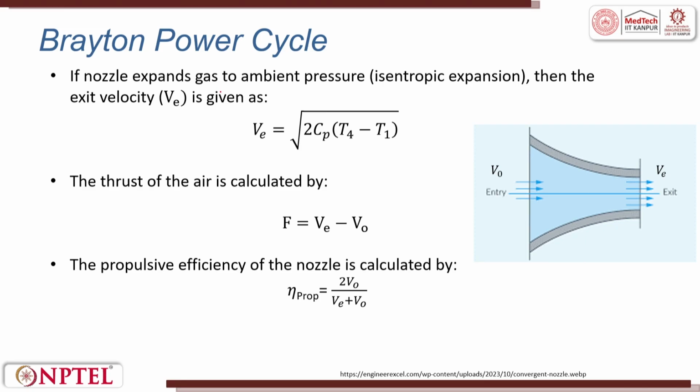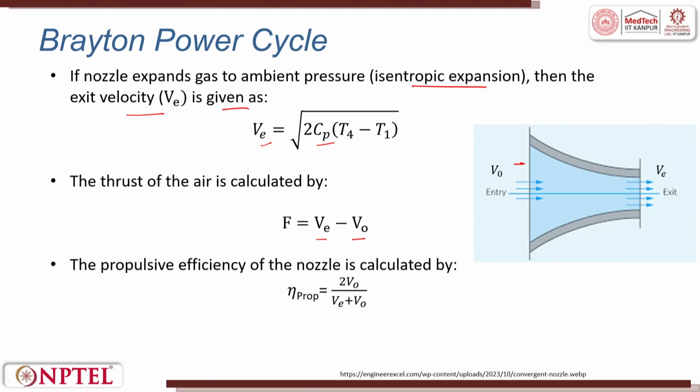If a nozzle expands gas to ambient pressure, that is isentropic expansion, then the exit velocity VE is given as under root of 2 Cp into T4 minus T1. Cp, you know, is the specific heat at constant pressure. The thrust of air is calculated by F, that is VE minus V naught.